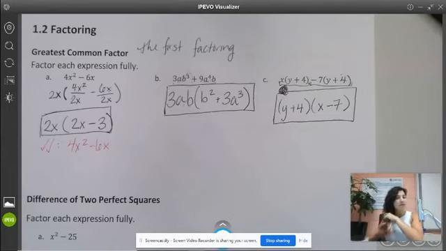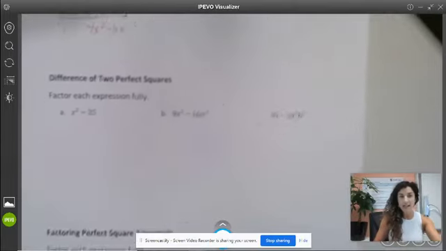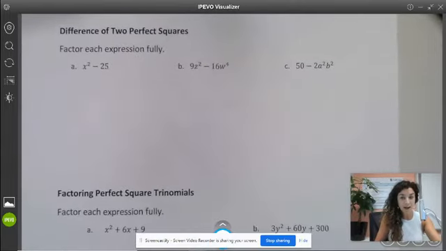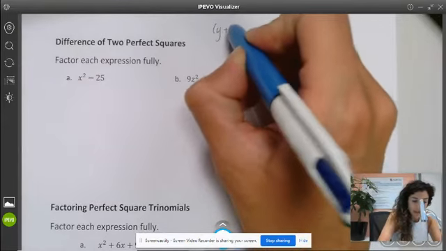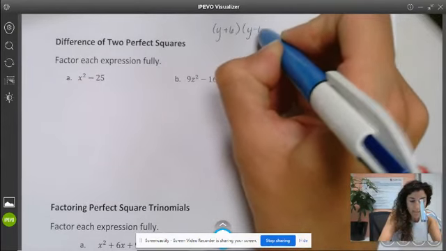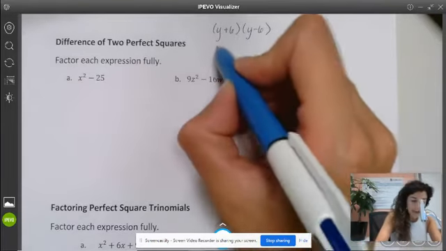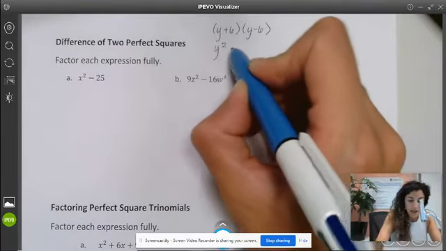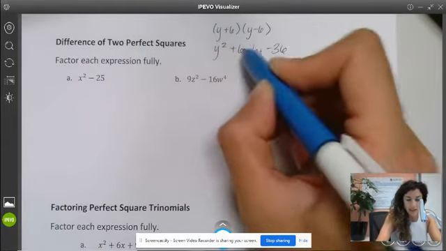All right, the next way of factoring is something called the difference of two perfect squares. We have talked about this in class together. Remember that when we had y plus 6 times y minus 6 and we FOILed it out, we ended up getting y squared plus 6y minus 6y, and then minus 36.